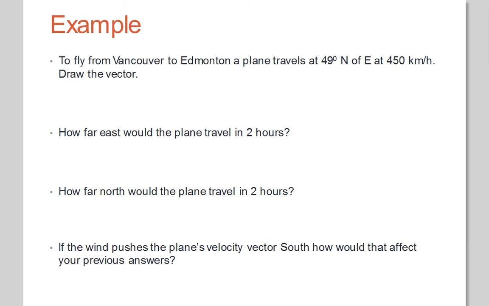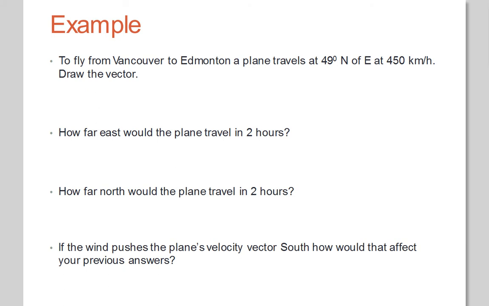Draw the vector. Obviously, in real life, the plane not only has a two-dimensional vector, but there are also three-dimensional vectors in play, like the altitude. But in physics 20, all we ever care about is the two-dimensional vector.